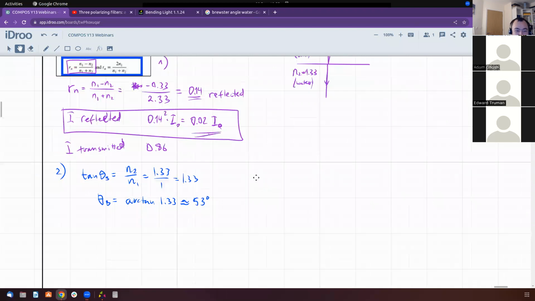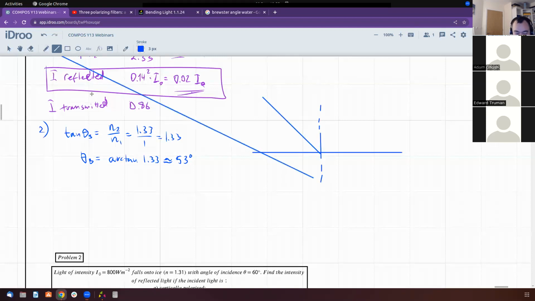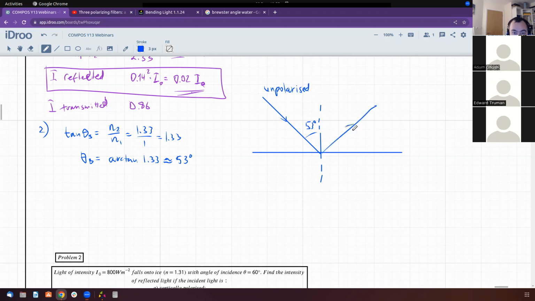So what happens? Once again, if light comes in at the Brewster angle for water, that's 53 degrees, this is unpolarized, and reflected light will be horizontally polarized.